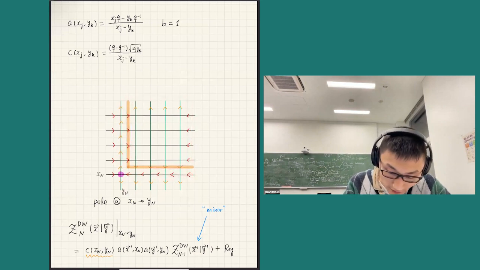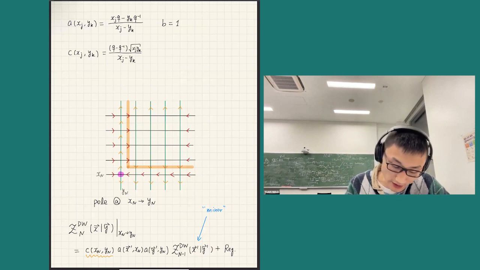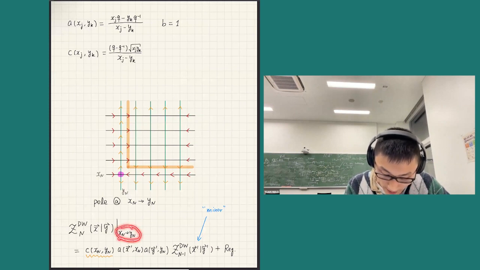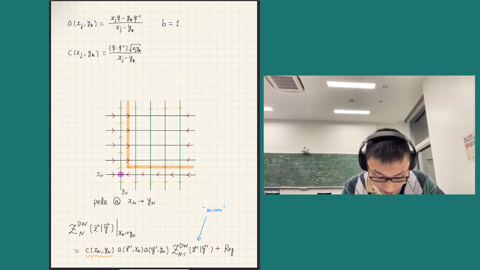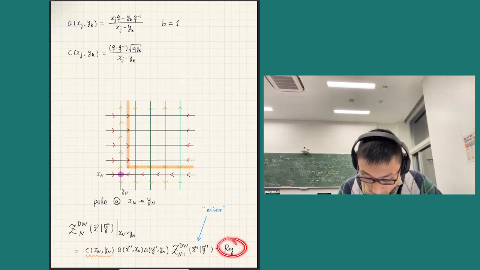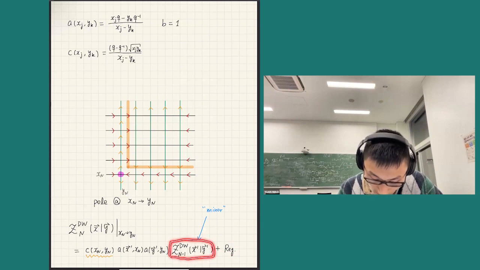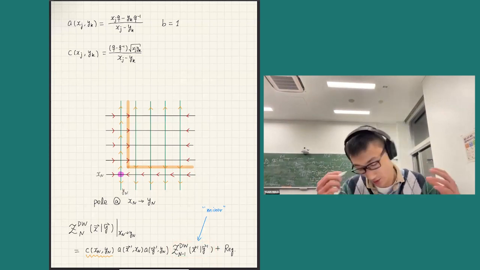A very interesting fact is that this smaller one also satisfies the domain wall boundary condition. So if we expand over this xn goes to yn limit, what we have is a first order pole here, plus something regular, and this pole is proportional to essentially a smaller domain wall partition function.